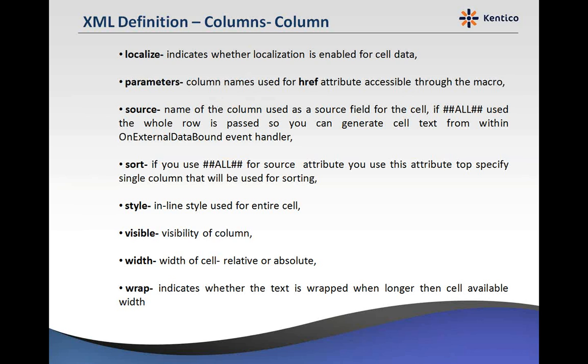Then we have a source attribute. This attribute is used to supply the name of the column from the data source of the UniGrid that is used as the source for the content of this column.